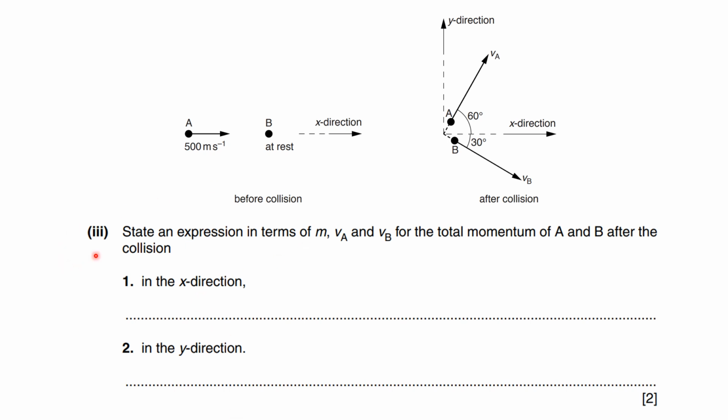Question III asks to write an expression in terms of m, VA, and VB for the total momentum of A and B after the collision in the x direction and in the y direction.